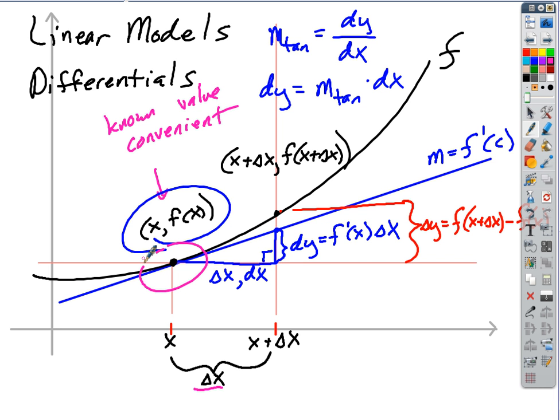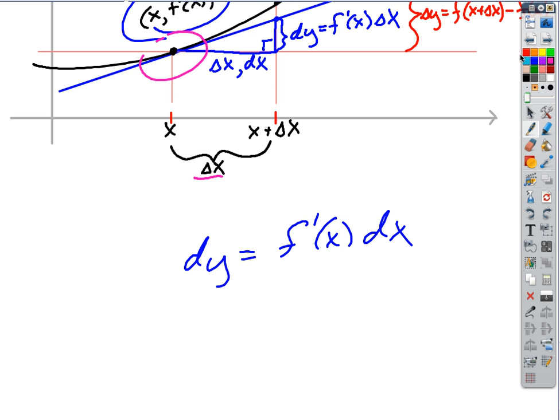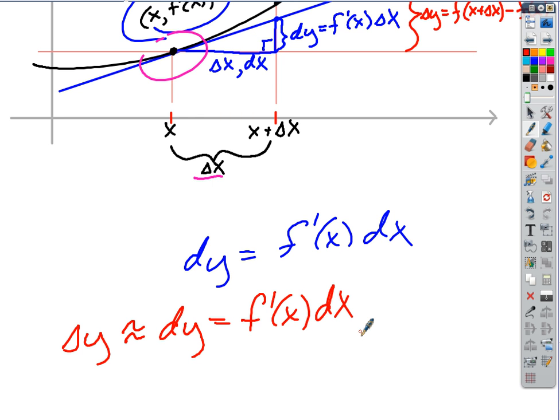And so all we're saying here is that the actual amount that the curve has changed, delta y, is approximately equal to dy. Okay? So this is, if there's one big equation that summarizes everything in this section, this is it. Delta y is roughly equal to dy, which is simply the derivative times dx.